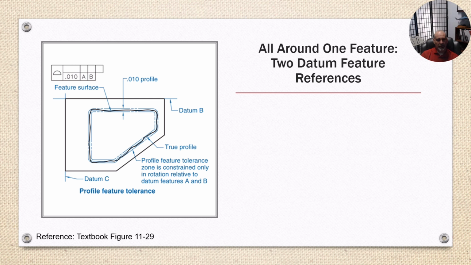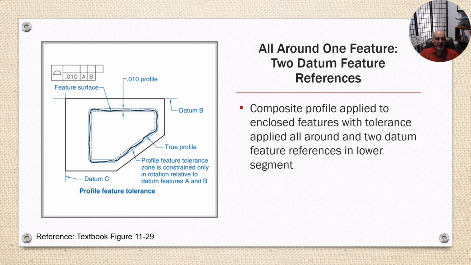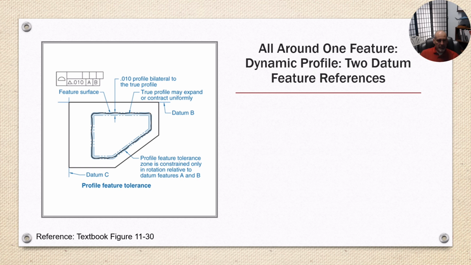Okay, the all-around with two datum feature references. The composite profile is applied to the enclosed feature with a tolerance applied all around and two datum features referenced in the lower segment. So the profile feature tolerance zone is constrained only in rotation relative to datums A and B. All around feature dynamic profile with two datum feature references.